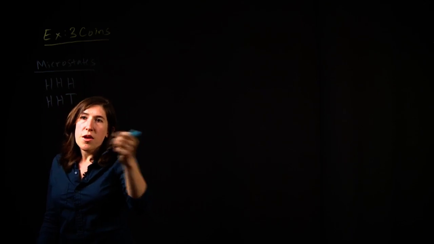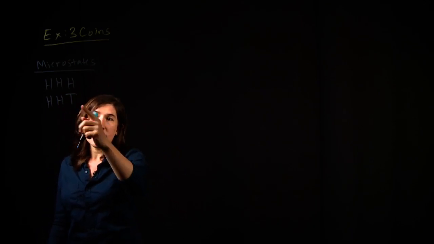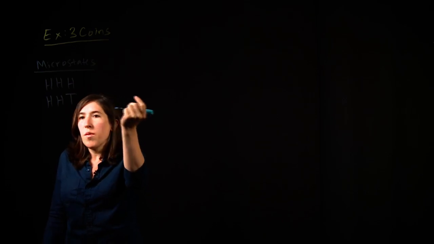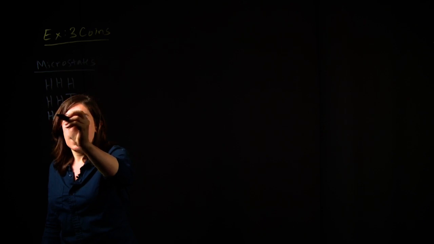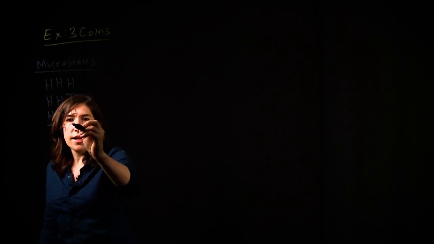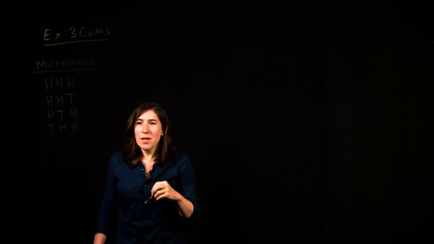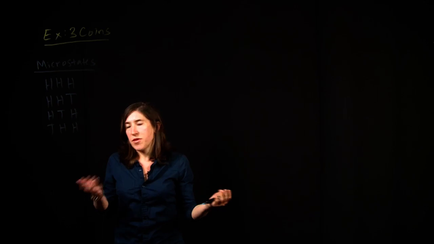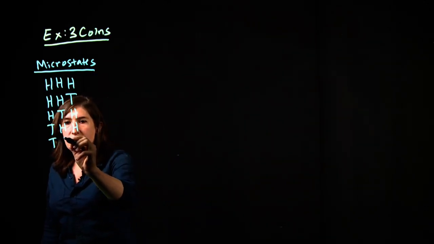But then of course, here I wrote it as the third coin is the tail, but maybe one of the other 2 coins could have a tail. So you could have head, tail, head, tail, head, head. And then similarly, we could have 2 tails and only 1 head. So we could have tail, tail, head.